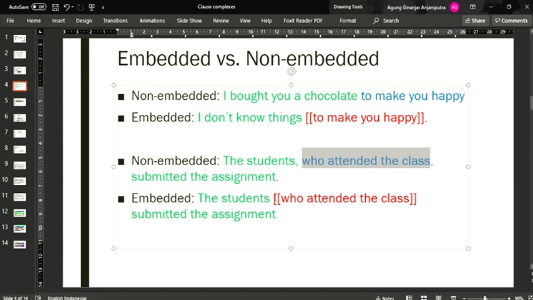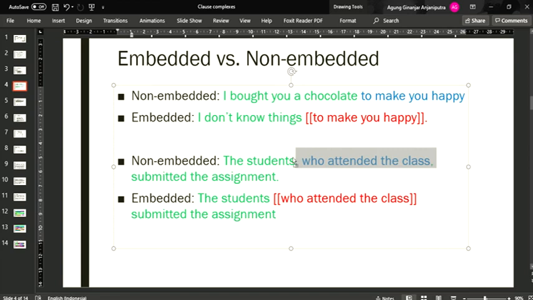But this one functions to specify the students, so this one is embedded. In traditional grammar, we call it a restrictive relative clause, but the first one is a non-restrictive relative clause.